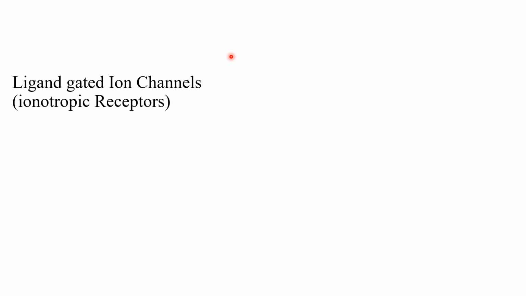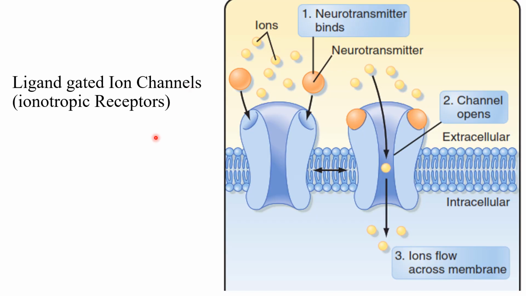Ligand gated ion channels are direct. Look here, they bind with the channel, then they cause opening of the channel. Normally they are narrow and do not let ions pass. When they bind with the neurotransmitter, they cause opening, or sometimes the opposite happens: they are open, and when they bind they close.